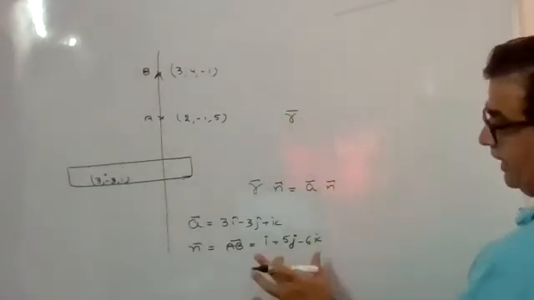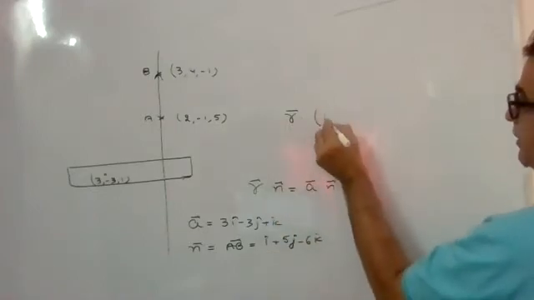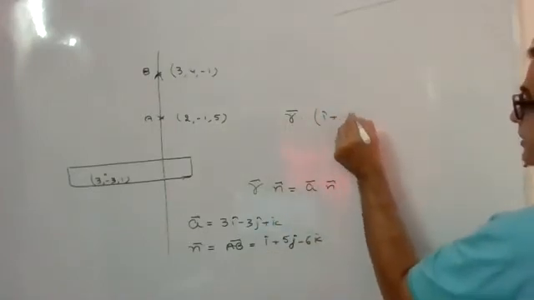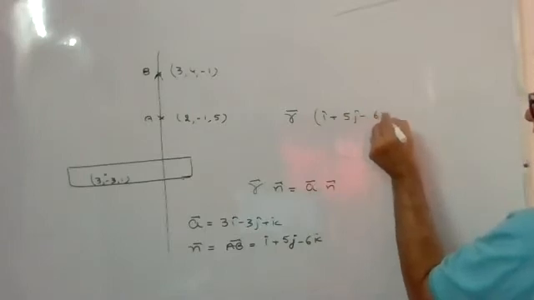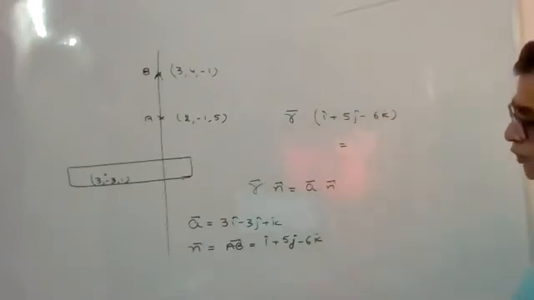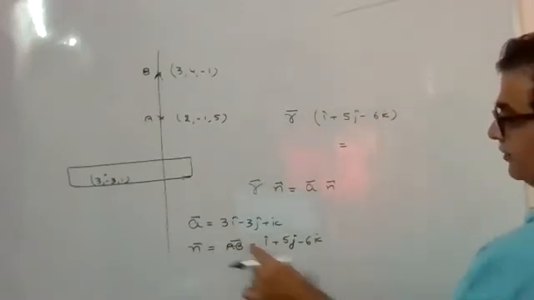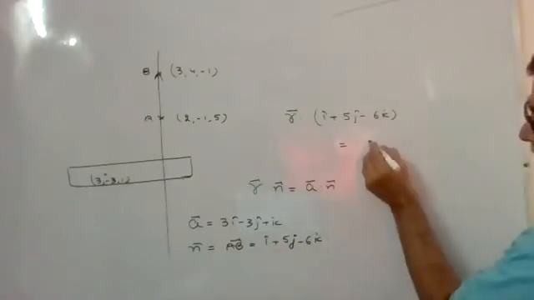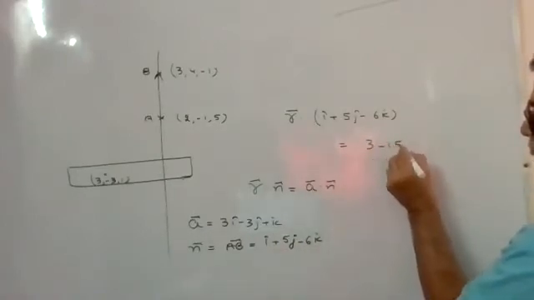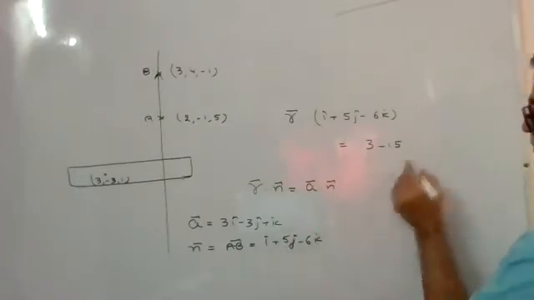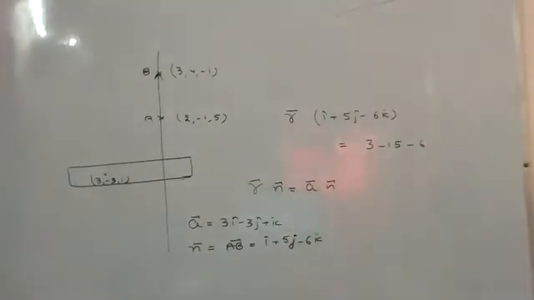R dot n is this: i plus 5j minus 6k equals A dot n. Find this dot product, please. 3 minus 15 minus 6. Then what is my equation?